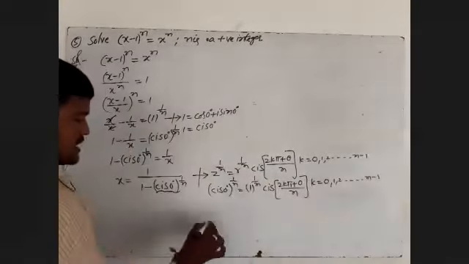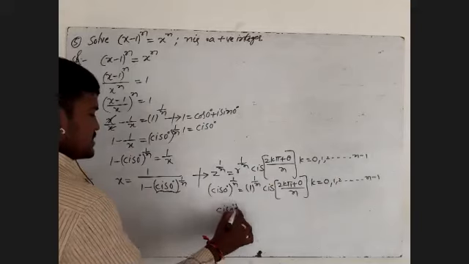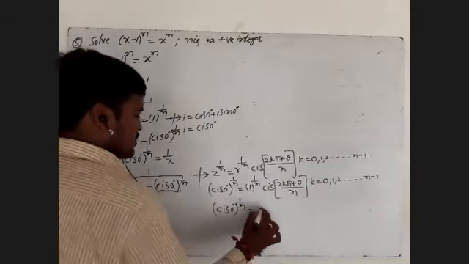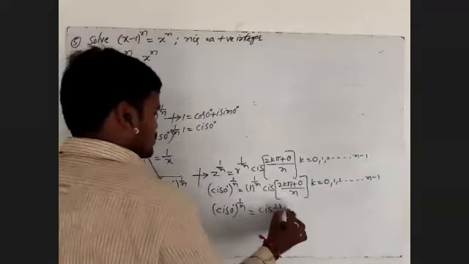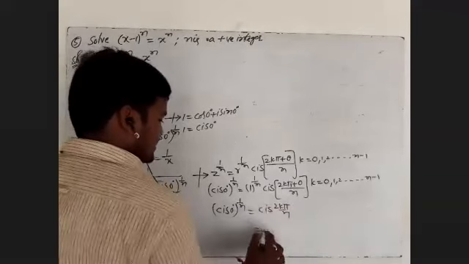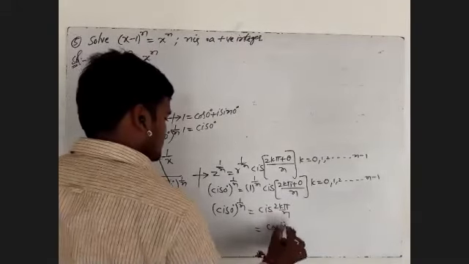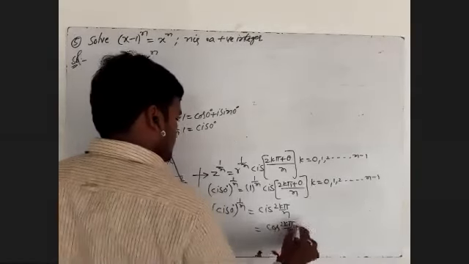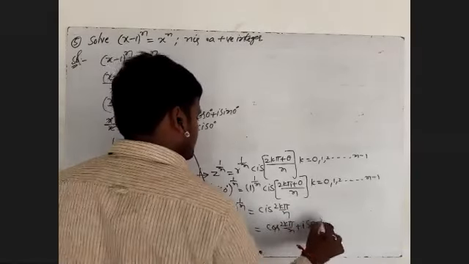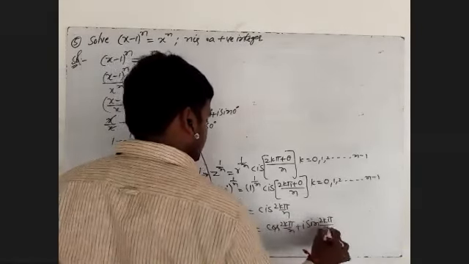That is nothing but cis of 2k pi by n, which is cos 2k pi by n plus i sin 2k pi by n.